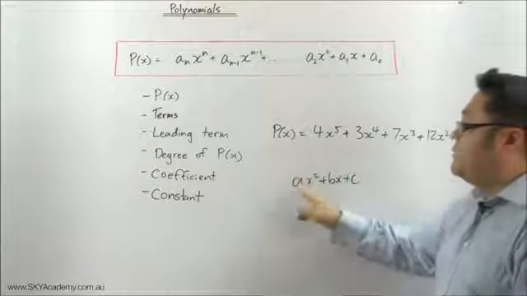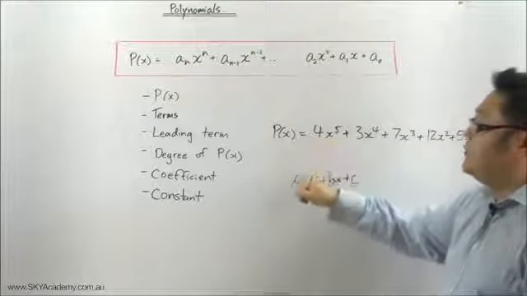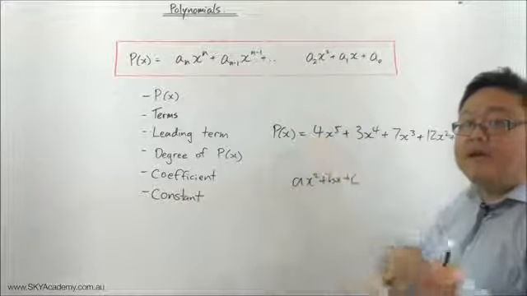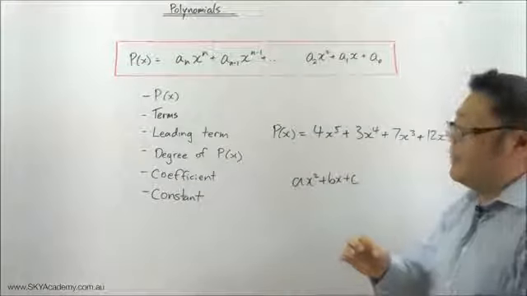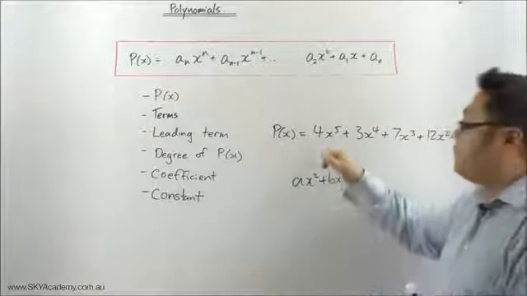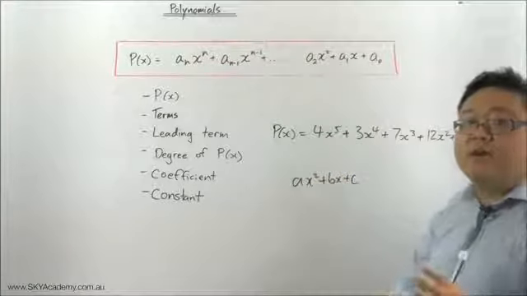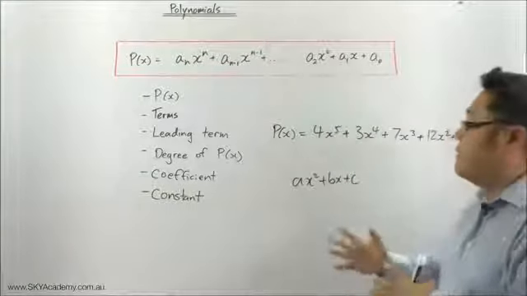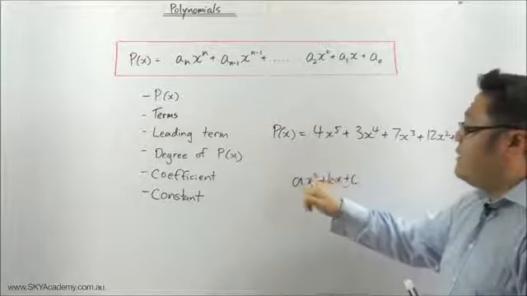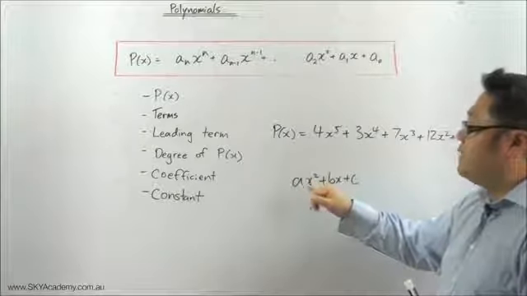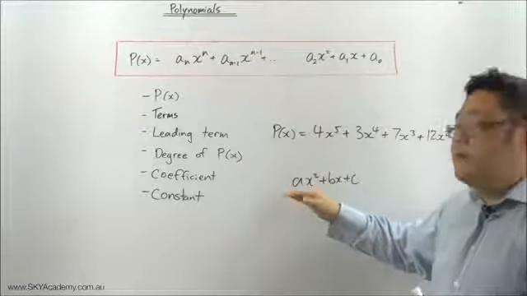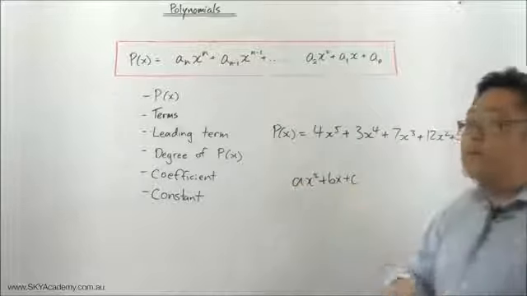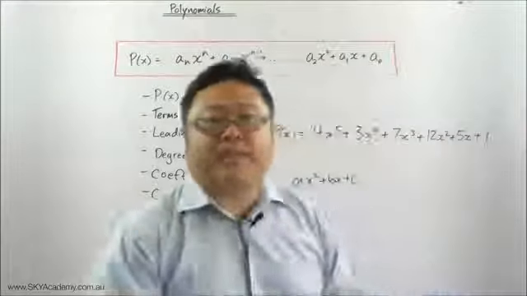And let me say something about the leading term. The leading term cannot be 0, okay? It has to be a non-zero integer, all right, or a number, okay? And where it is, say, 1, then you say that the polynomial is monic, and I'll write that up there.